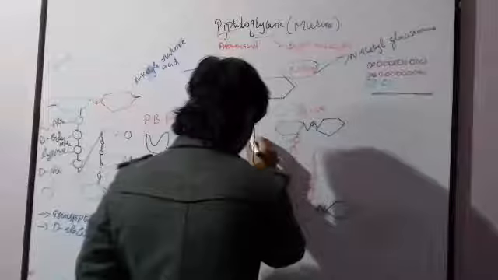We call it L-alanine, and this one we call D-glutamic acid. Let's suppose this is another amino acid, and this third one, this is the first, this is the second, this is the third.